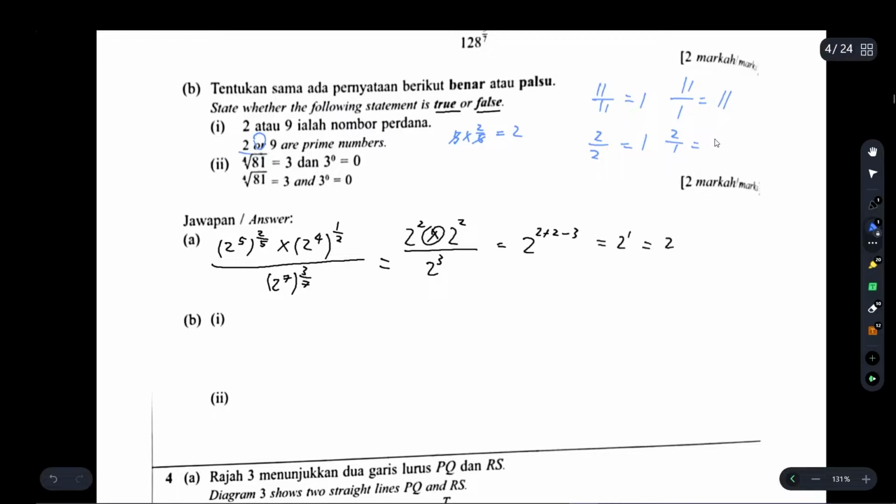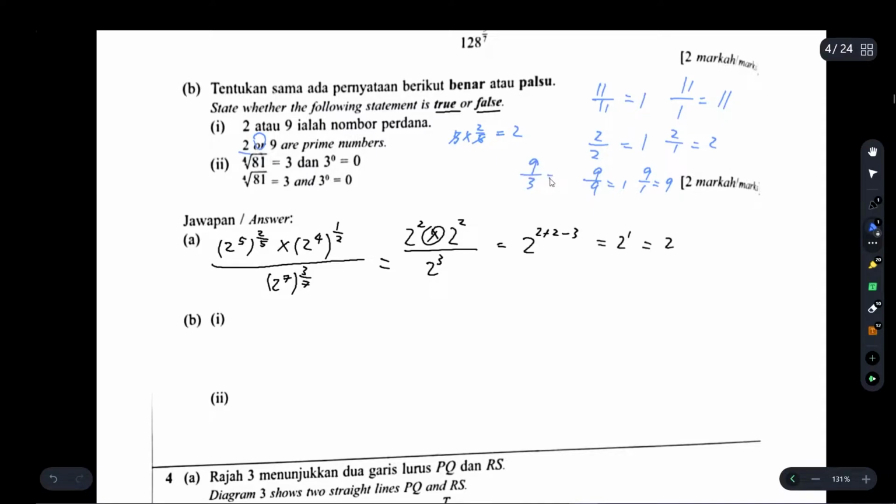So 2 is actually a prime number. And 9, how about 9? 9 can also be divided by itself, right? And also by 1. But I just mentioned that prime numbers are numbers that can only be divided by itself and by 1. So what else can we divide?